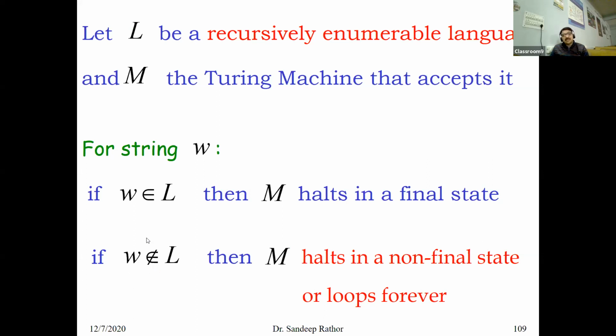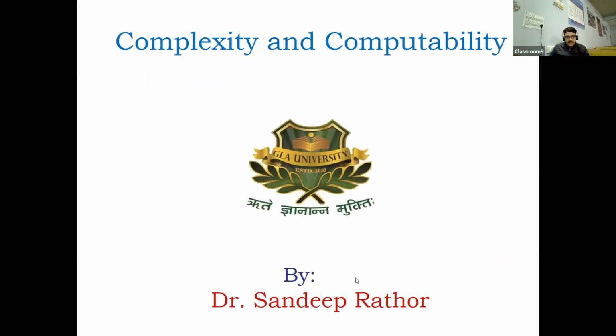It means the case of rejection is not assured: if any string does not belong to the language, it is not guaranteed that you will get the answer. You can reach a loop also, right? So this is the simple difference between recursive and recursively enumerable.